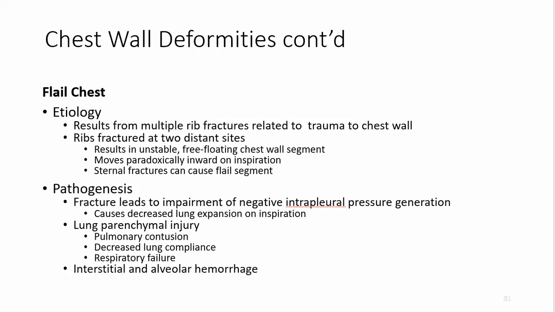And cause this problem. Now, the ribs break in two places, which means then that the whole front of the chest is not connected to the spine properly, and so you can't expand, and the chest wall free floats, and you get this paradoxical thing, the same thing that we talked about with infants, that on breathing in, instead of inflating the lungs, that low pressure actually moves the ribs back.